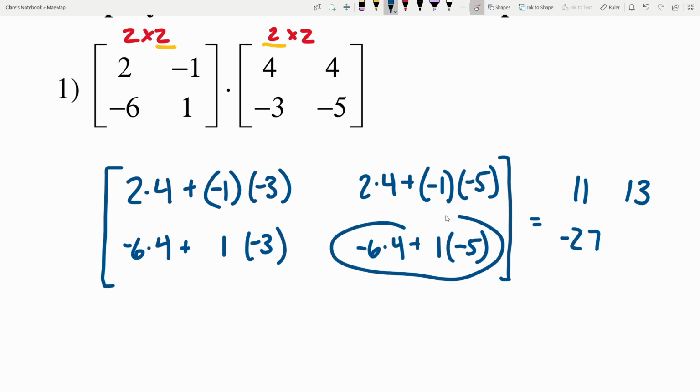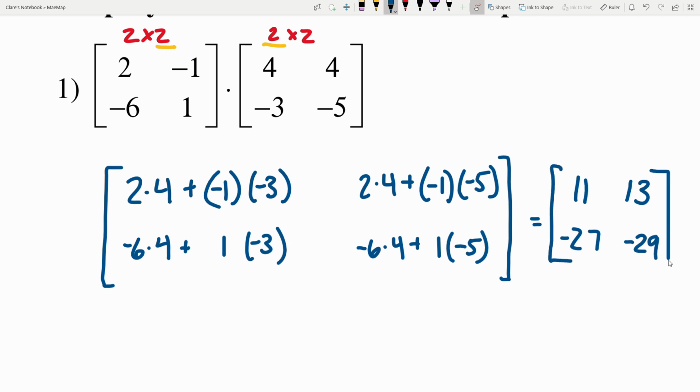And then, finally, my last row, last column, I have -6 times 4, which is -24, and I'll be adding that to 1 times -5, which is adding a -5, or simply subtracting a +5. Either way you want to think about it is correct, and that gives us -29. So my matrix in number 1 is 11, 13, -27, -29.